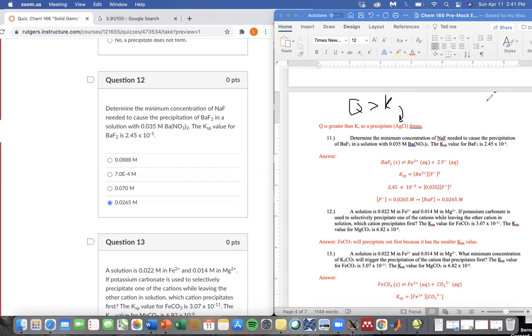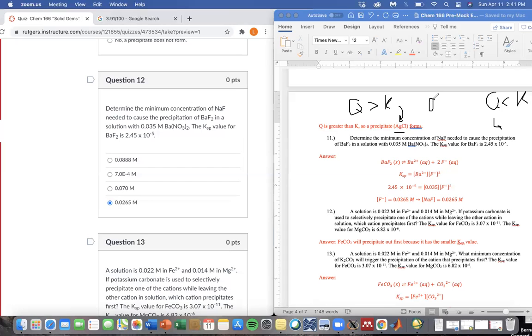But if you have Q less than K, that means you're going to dissolve more of the solute.